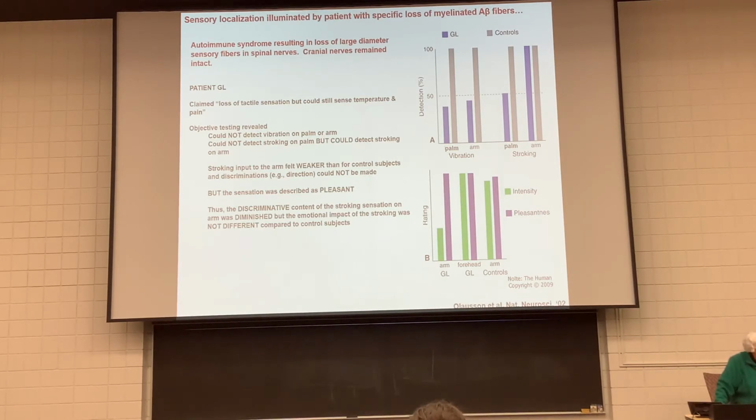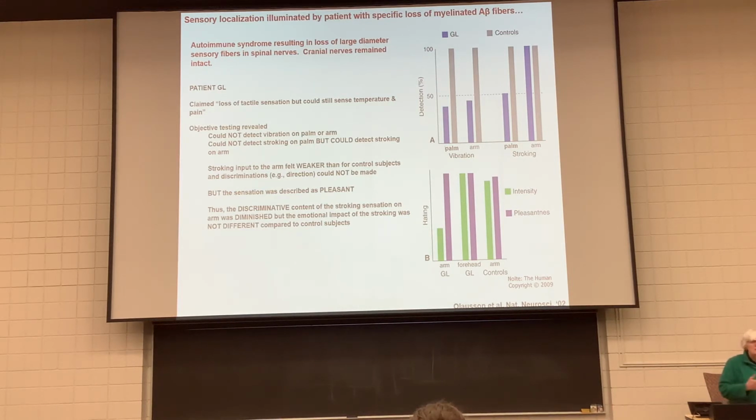This is patient GL. Patient GL lost her sense of touch, but she still could detect pain and temperature. Does that make sense? Yeah, because they're coming up through different pathways, right?